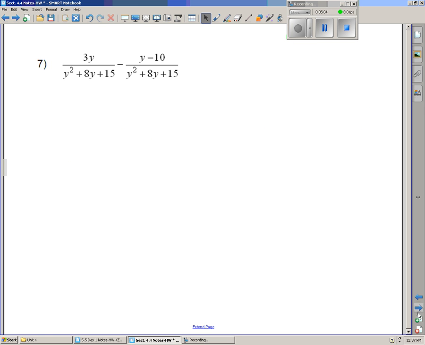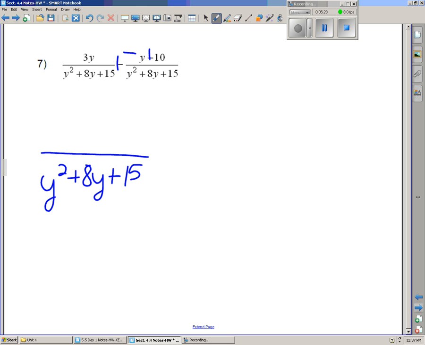Here's one more. Number 7. Again, it's subtraction. The denominator stays as is, y squared plus 8y plus 15. That should make you think it's an IM, it looks like an IM and it is an IM. Up top, you've got to be very careful because you're subtracting that whole second polynomial, which means you're going to be adding the negative of y and the positive of 10.